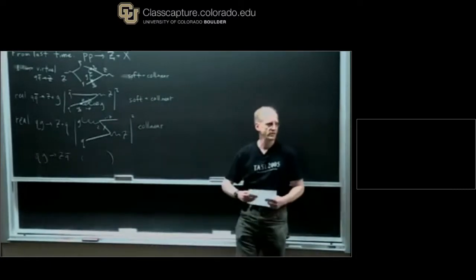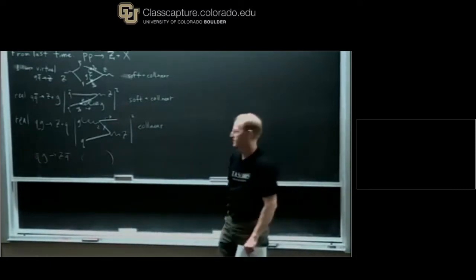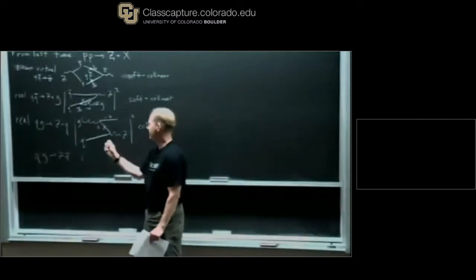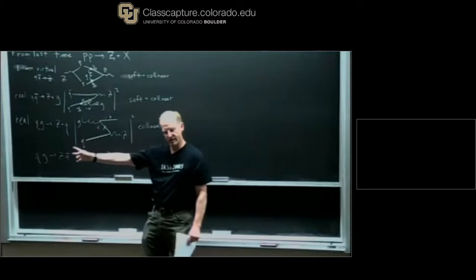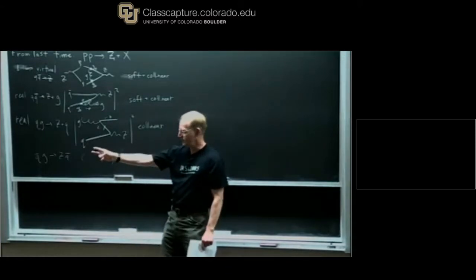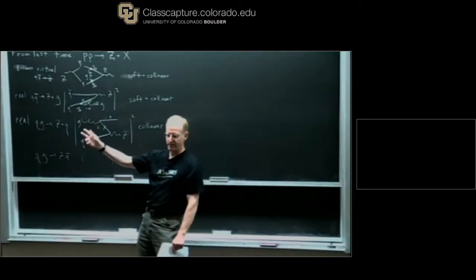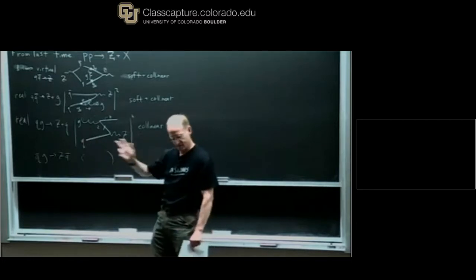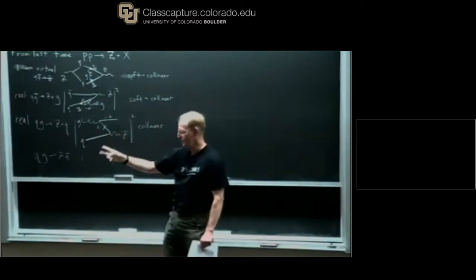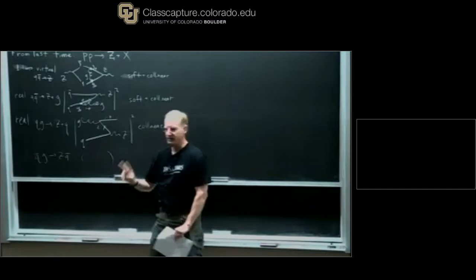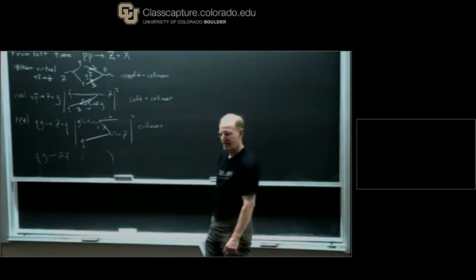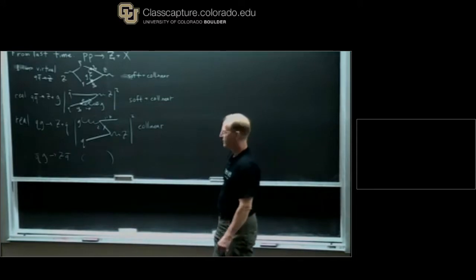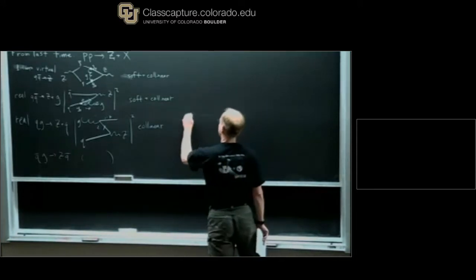So each of these contributions has divergences. This one has a collinear divergence, because if the gluon splits and the quark and the antiquark are very parallel to each other, I'm going to show you some of this in more detail after we calculate some amplitudes, but there's a general factorization formula that we have at the amplitude level that looks basically like this.